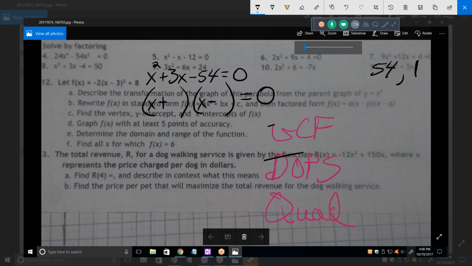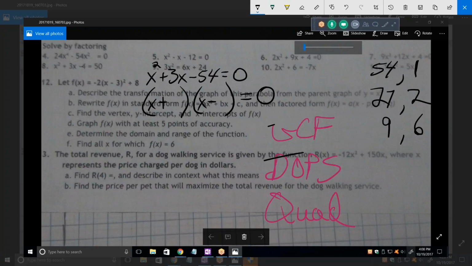So let's find all factors of 54. What's the first step? Divide by 2, which means I've got to multiply that one by 2. So those are two factors. Now I can't divide 27 by 2. What can I divide it by? 3. So I'm going to take a third of that one, which means I've got to multiply this one by 3 to get that.